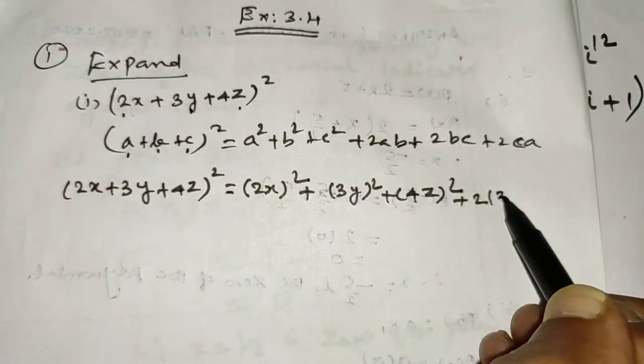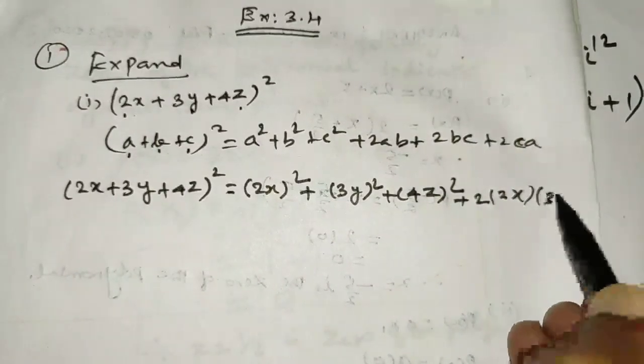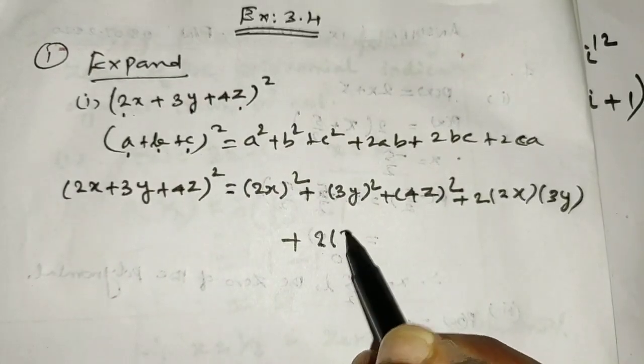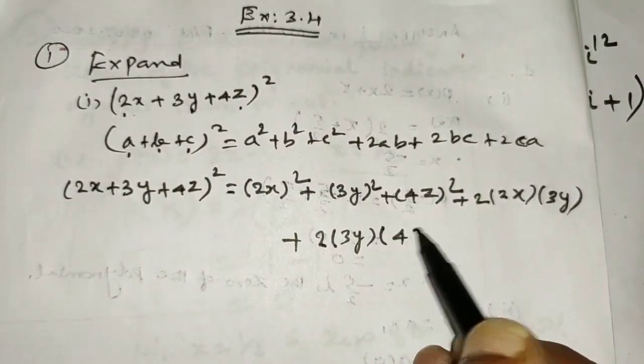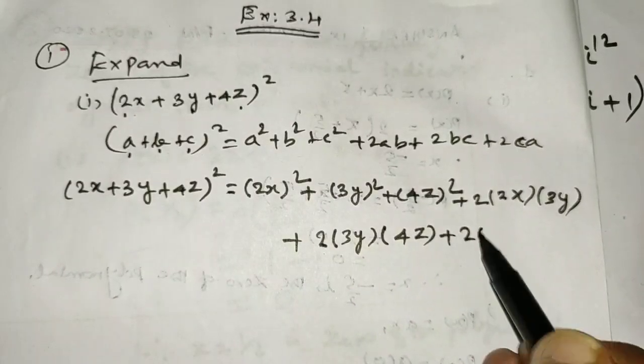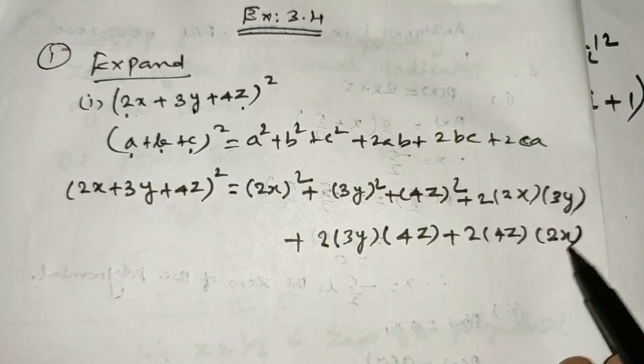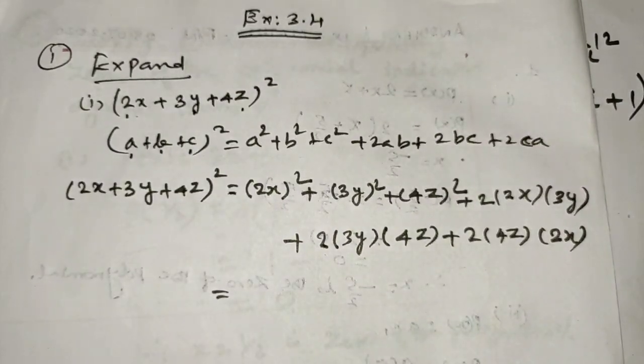What is a? 2x. What is b? 3y, plus 2 into b, b is 3y into 4z, plus 2 into c, that is 4z into 2x. Now we are going to simplify this.